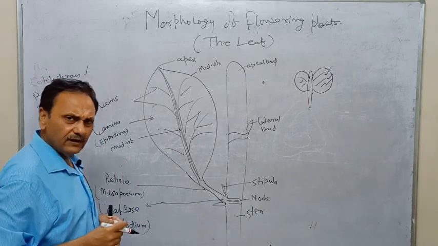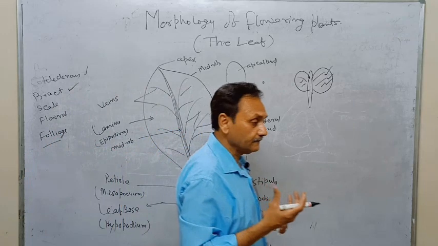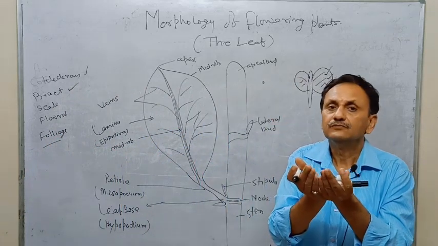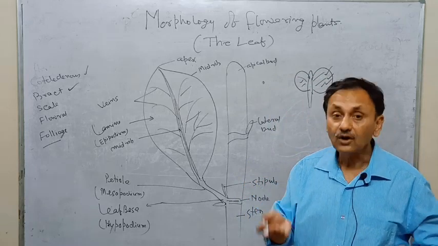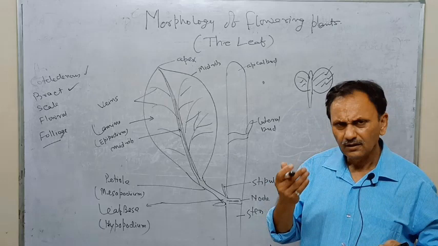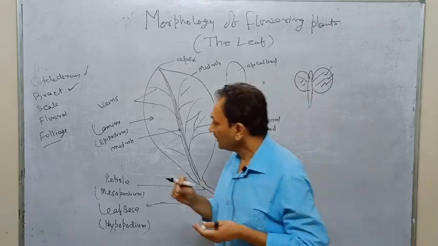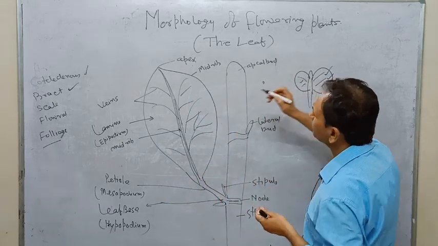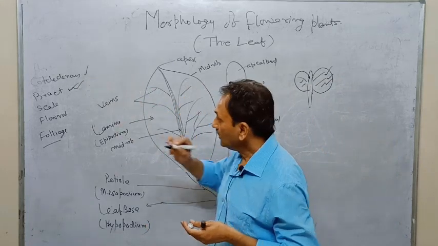The second type of leaf is called bract leaf. It has been observed in certain flowers that have a supporting part of red or white color, or other than green, and that is called bract leaf. This bract leaf is present in bougainvillea.